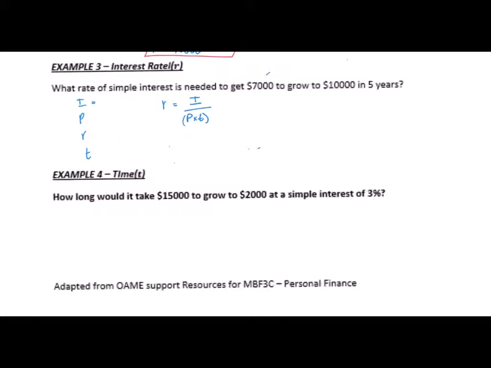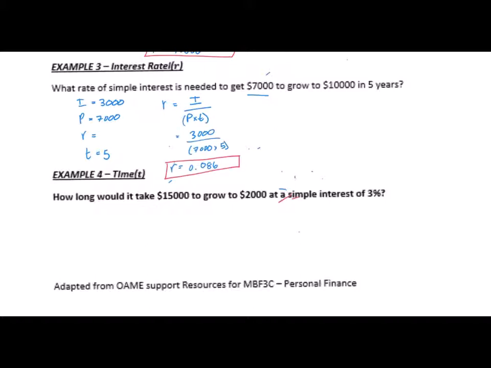So that is our interest. Our principal, the amount that we start with, is 7,000. Our rate we don't know, but our time is 5 years. So let's punch that into our equation here.